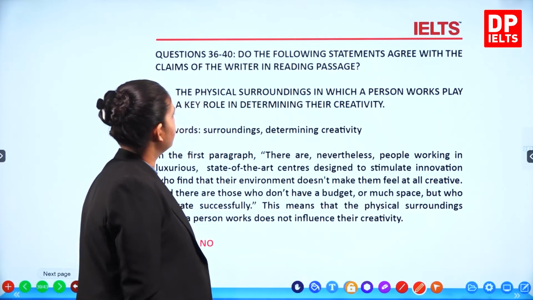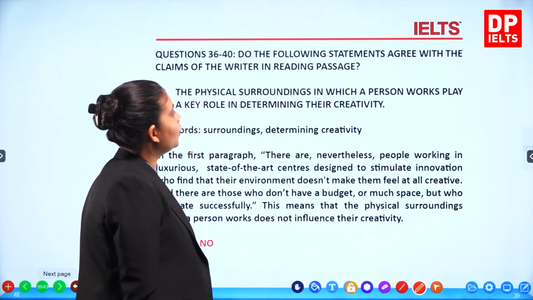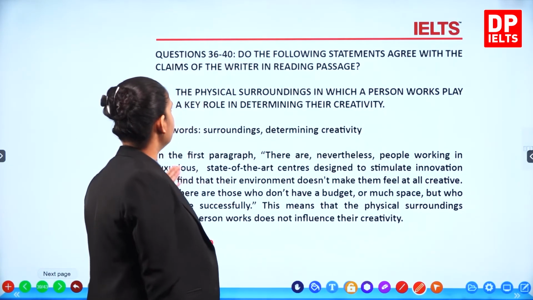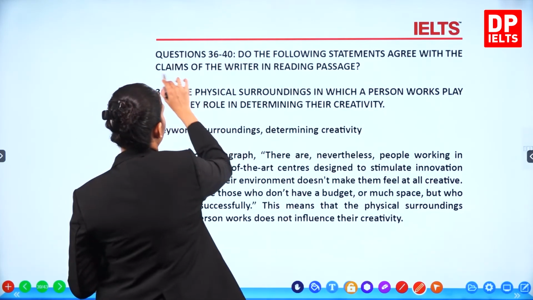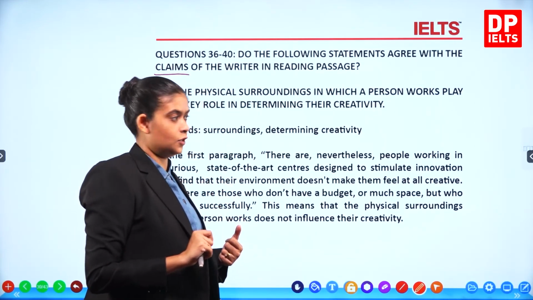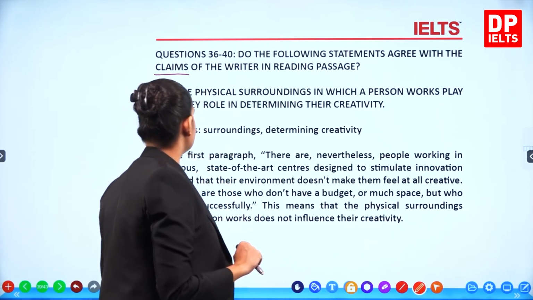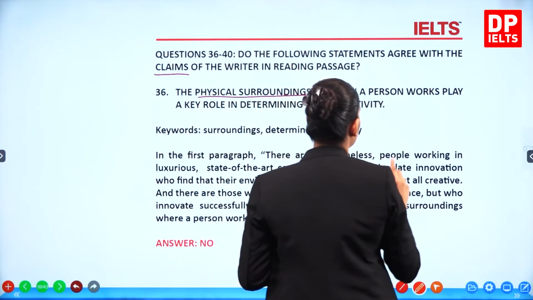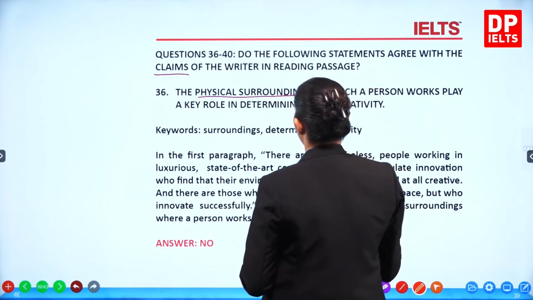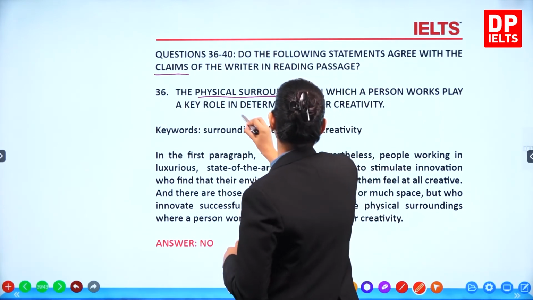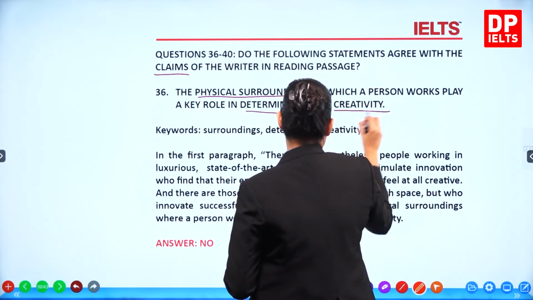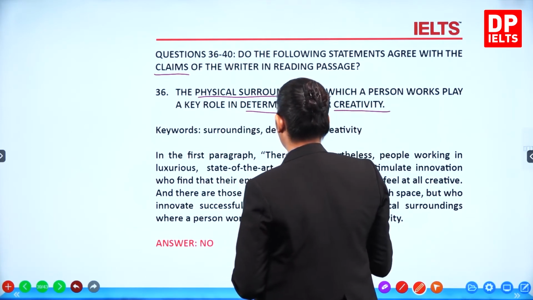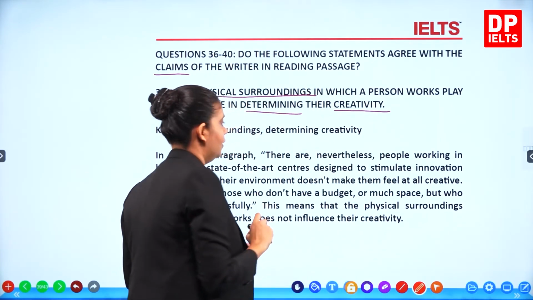36 to 40. Do the following statements agree with the claims of the writer in the reading passage? 36. The physical surroundings in which a person works play a key role in determining creativity. Go to the first para.